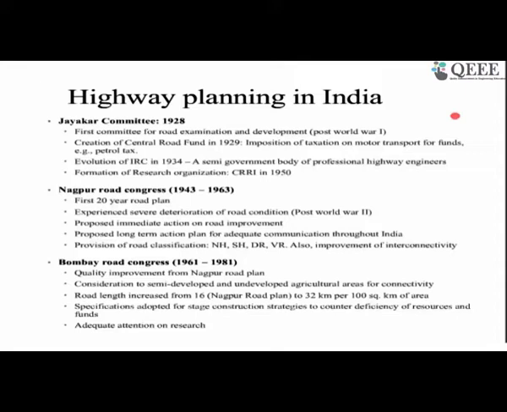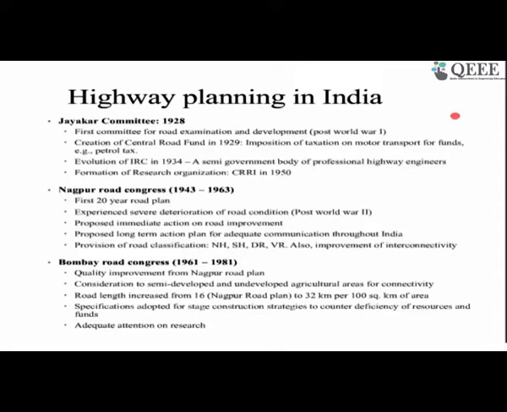So whatever goal they set in Nagpur, they tried to achieve that in the next 20 years. They didn't even need 20 years, within 18 years they could achieve that, and that is why it triggered the Bombay Road Congress. By this time they had already started improving the condition of the road by restoring the road and doing proper maintenance of that.